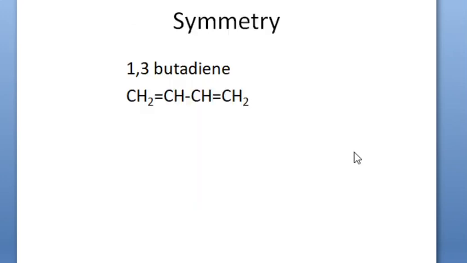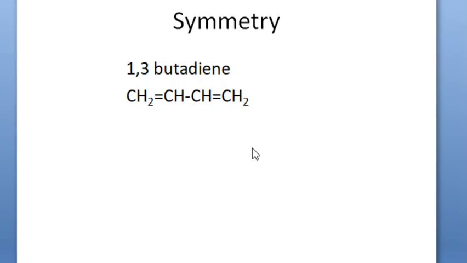So let us see one more. In the case of 1,3-butadiene, CH2 double bond CH, single bond CH, double bond CH2 is your 1,3-butadiene. In this case, how many pi bonds are there? 2 pi bonds. Between 4 carbon atoms you have 2 pi bonds.